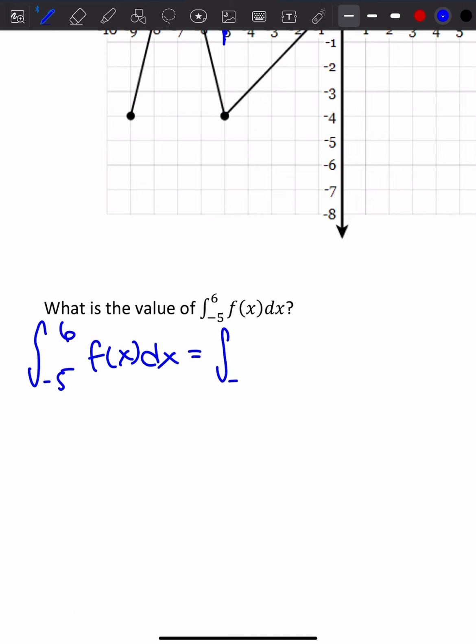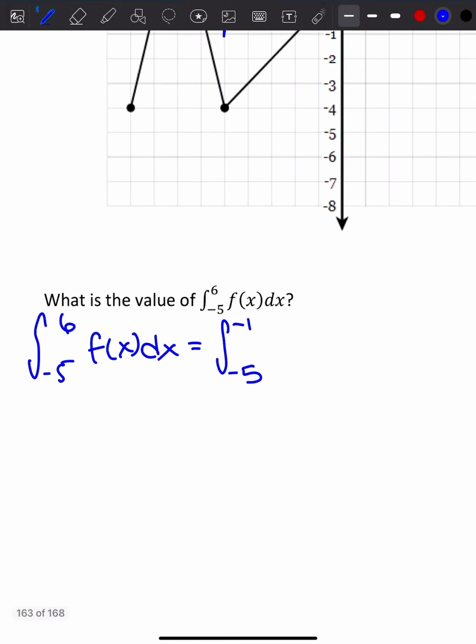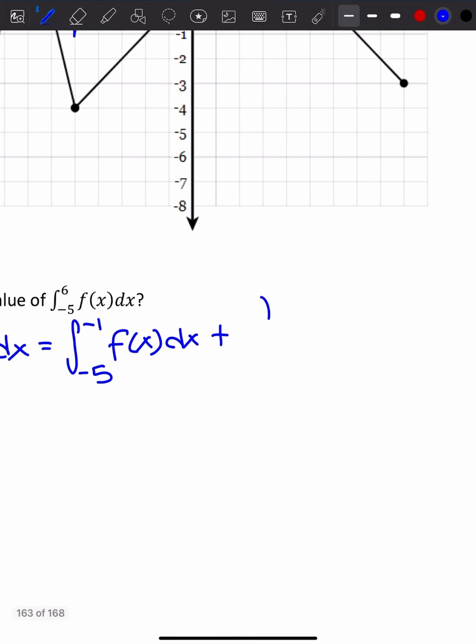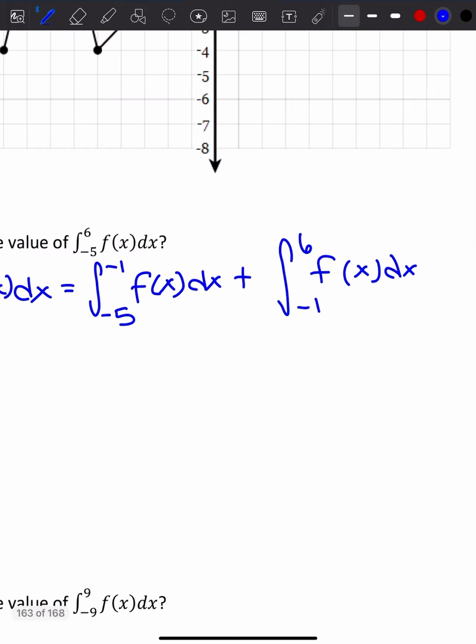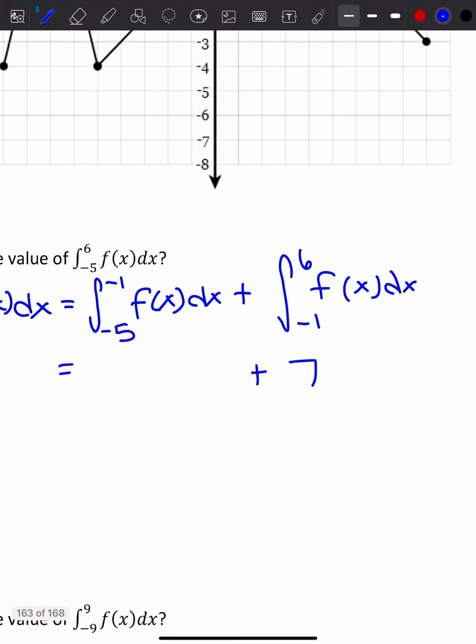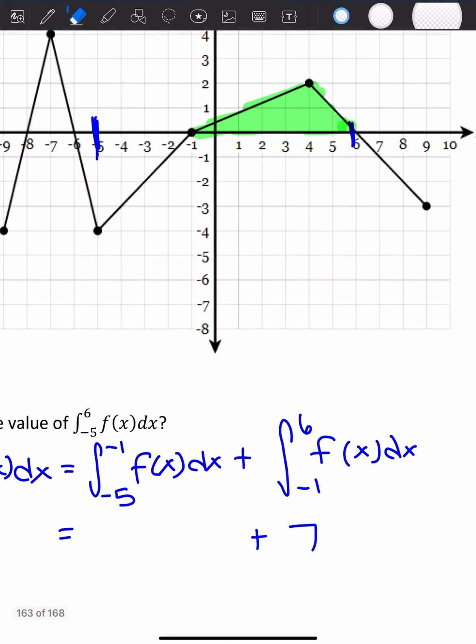The integral from -5 to -1, so that starting point from our last one, plus the integral from -1 to 6. We have already found that second integral, so I can already go ahead and say that we're going to add 7 to whatever we get. And then when I look here, we are looking at another triangle here.